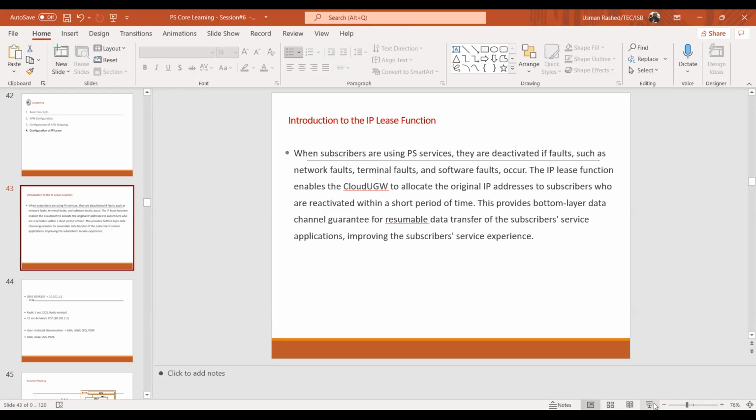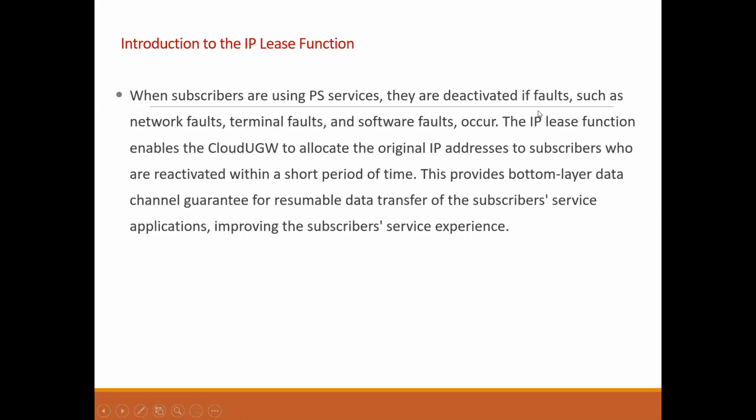So we have an IP lease function. The IP lease function is that even if your session gets deactivated because of a fault, GGSN can reserve the original IP address for you for a specific amount of time, so that if after a few seconds, let's say after 5 or 10 seconds, you bring another PDP request, then the GGSN is going to assign you that same IP address.